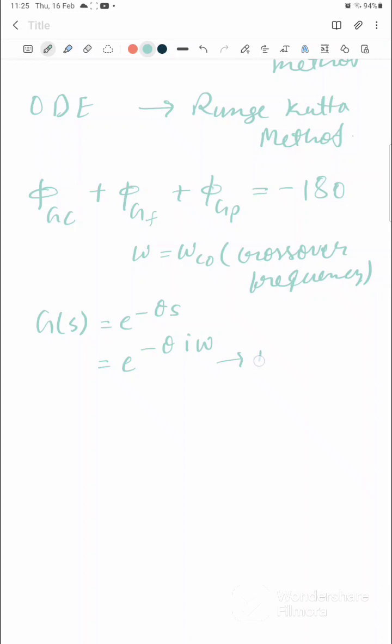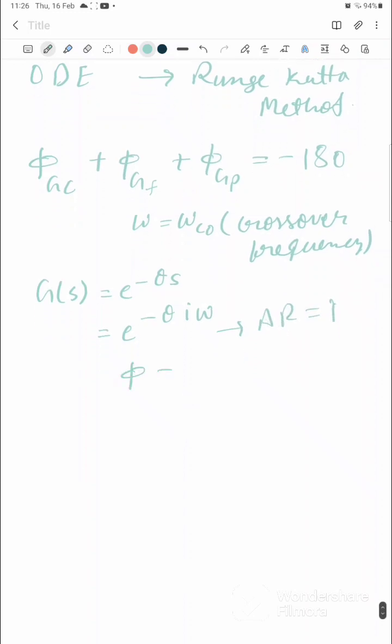So for this, the amplitude ratio AR is equal, phi is minus tau d omega, and this is in radians. To convert radian into degree, we have 180 by pi.